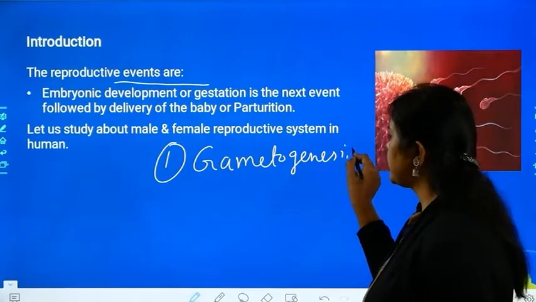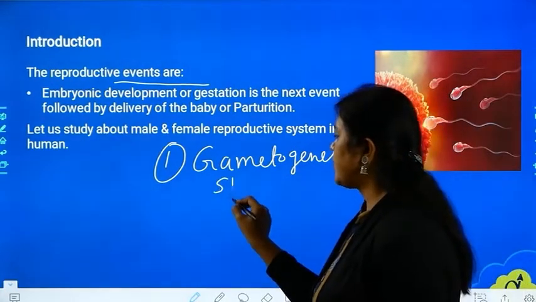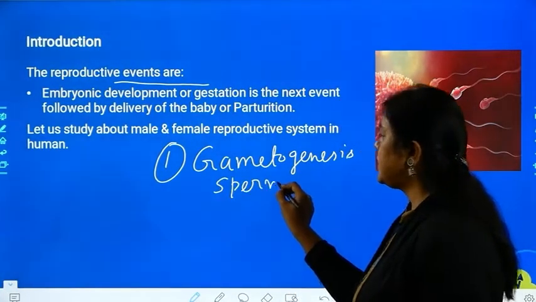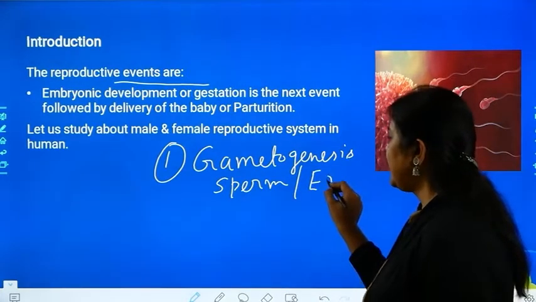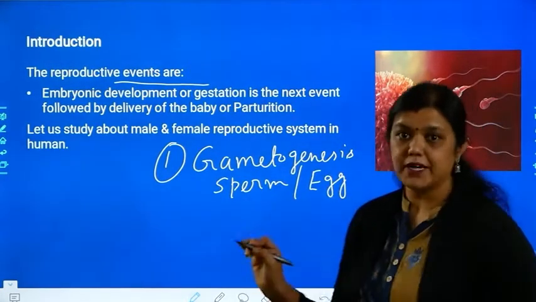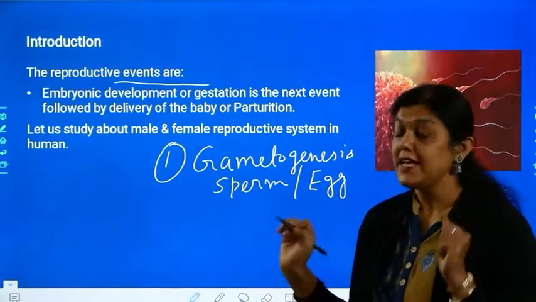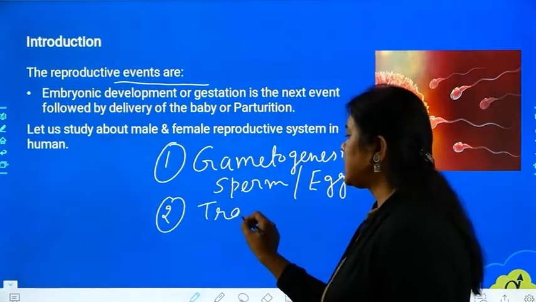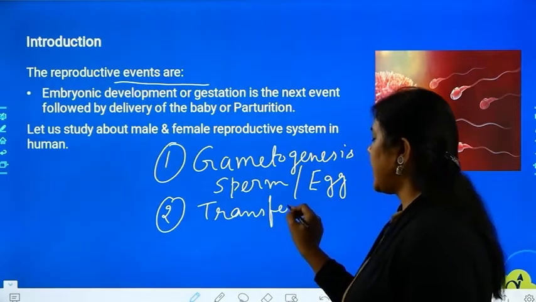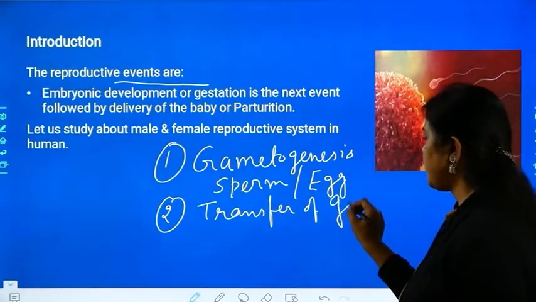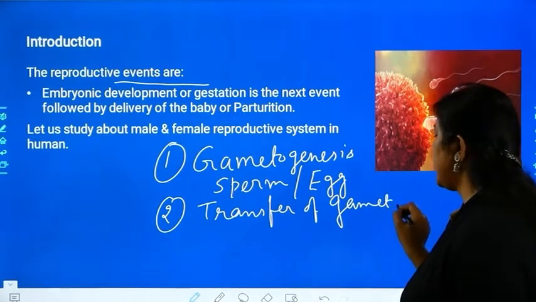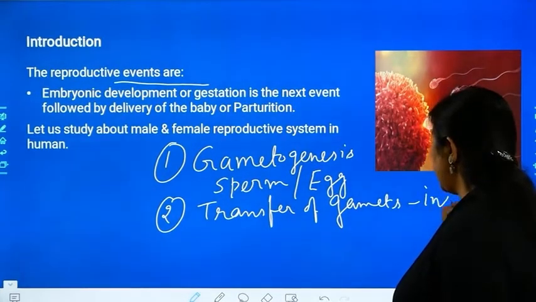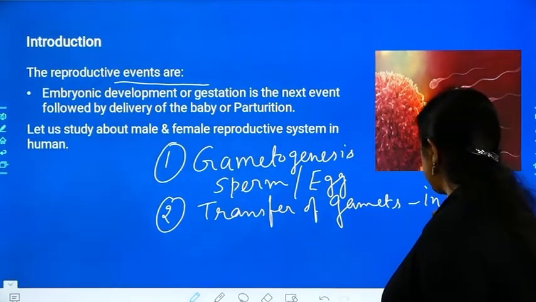It is the formation of the sperm and the formation of the egg in the male and female reproductive system respectively. The second event is the transfer of gametes, also called insemination.